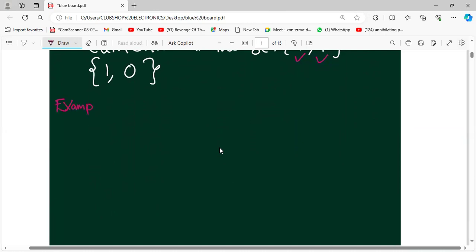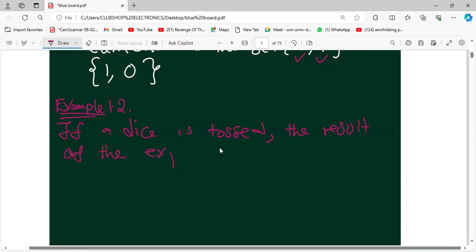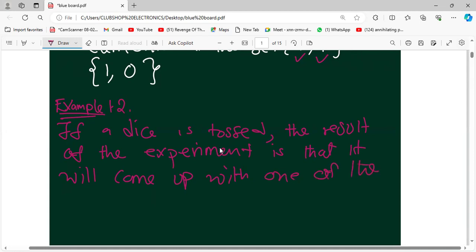Example 1.2. If a die is tossed, because we are talking about a six-sided dice, the result of the experiment, which is random, is that it will come up with one of the numbers in the set 1, 2, 3, 4, 5, 6.